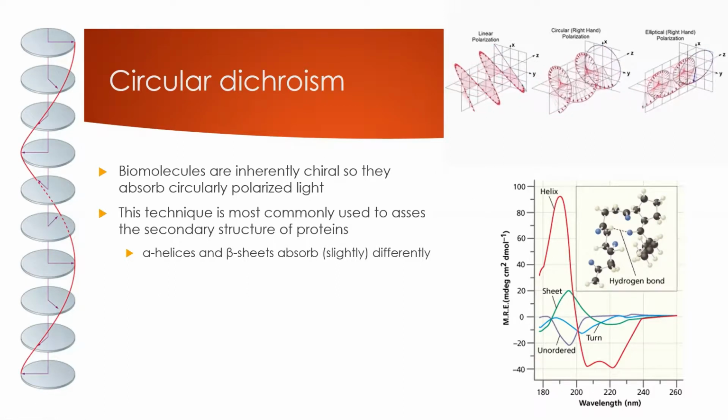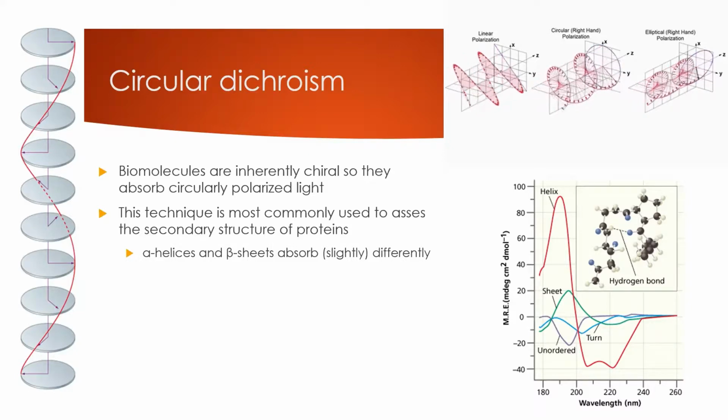Maybe you've seen this in organic chemistry lab looking at different chiral molecules. But biomolecules are all chiral. All of the amino acids, except for glycine, are chiral, and they all have the same chirality. They all form things like helices and sheets with certain chiralities because they're all made up of the same chirality. And this allows these molecules to be active under circularly polarized light.